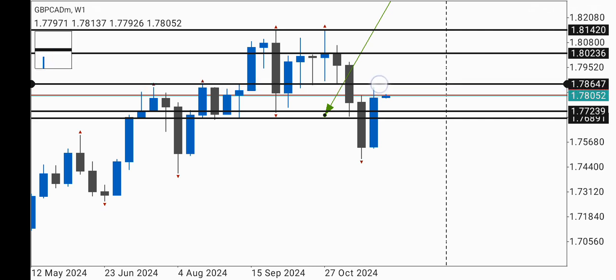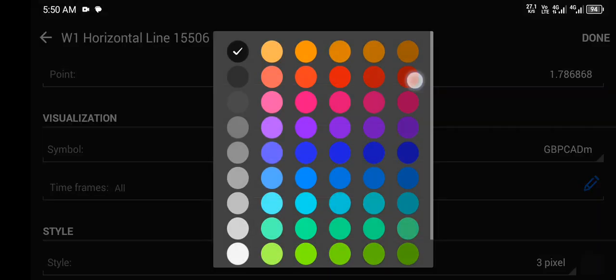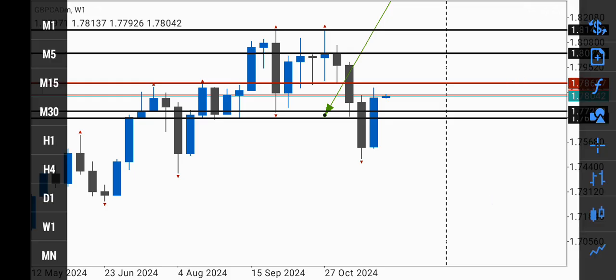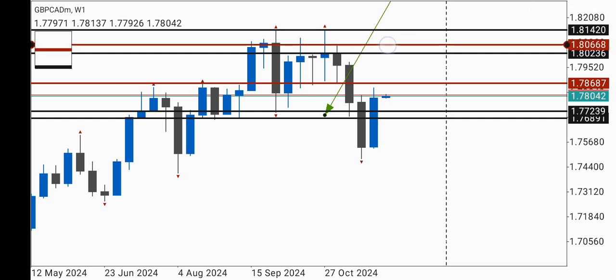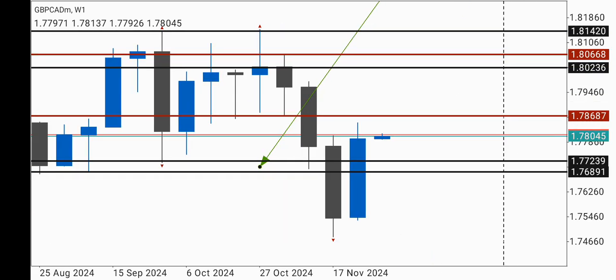I was supposed to do this analysis yesterday before market open, but I decided to wait so that we'll see what price created also. So this was where we were those last 2 weeks.